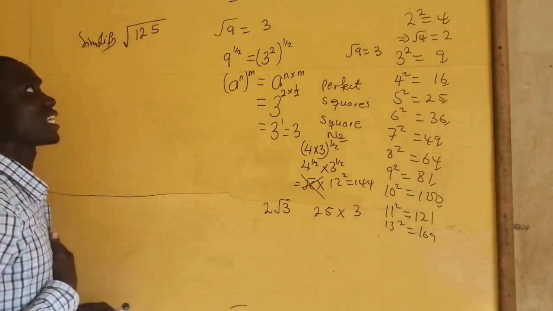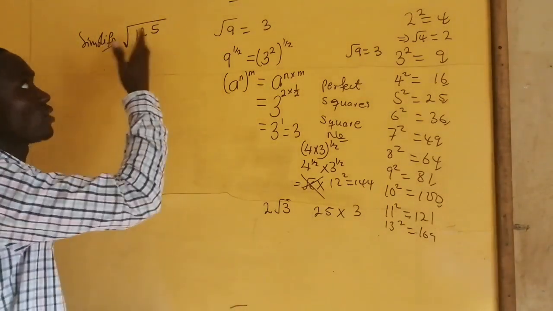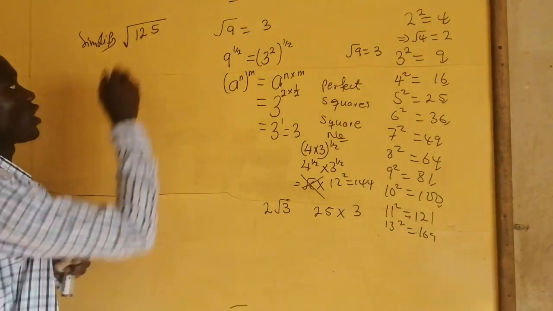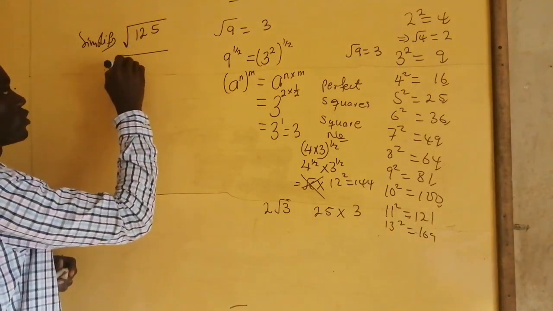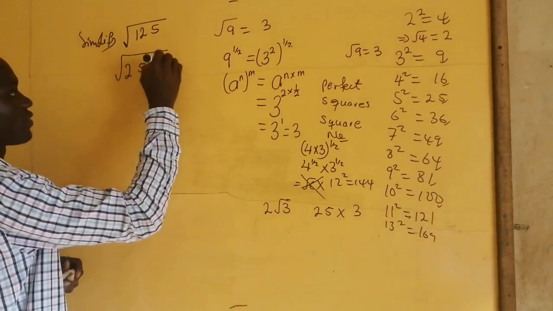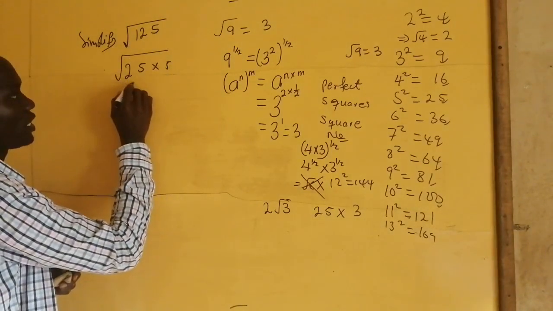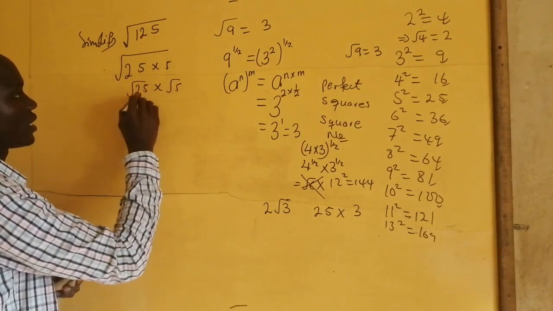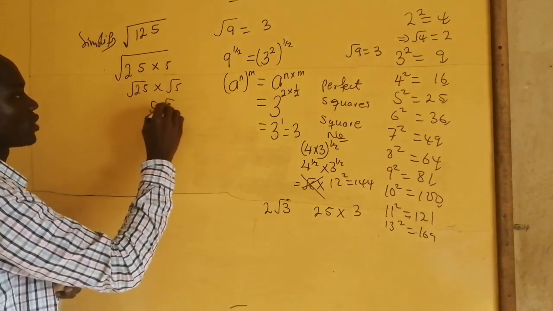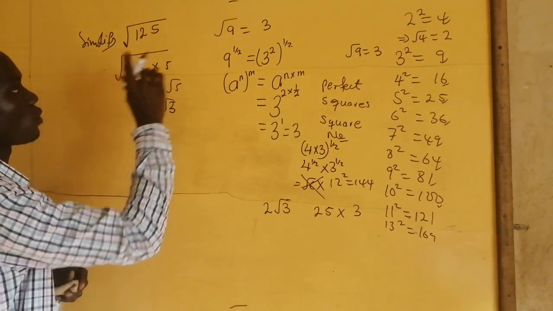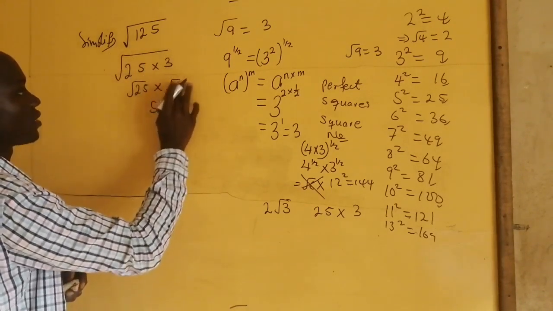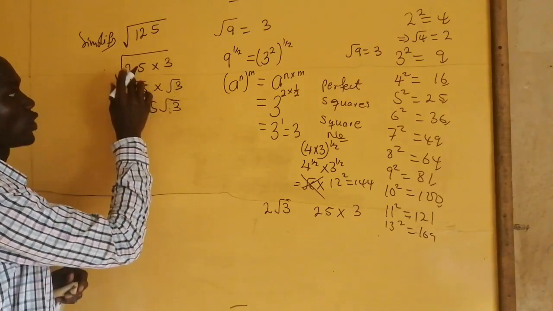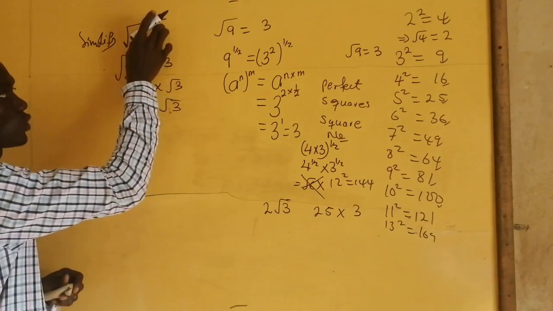So I'll just think of perfect squares. 4 cannot divide this, 16 cannot divide this, 25 can divide this. So I'll just write this square root of 25 times 5. And this simply means square root of 25 times square root of 5. And this gives 5 root 5. Oh wow, this is not 5, it's 3 rather. That is 25 times 3 gives 125.